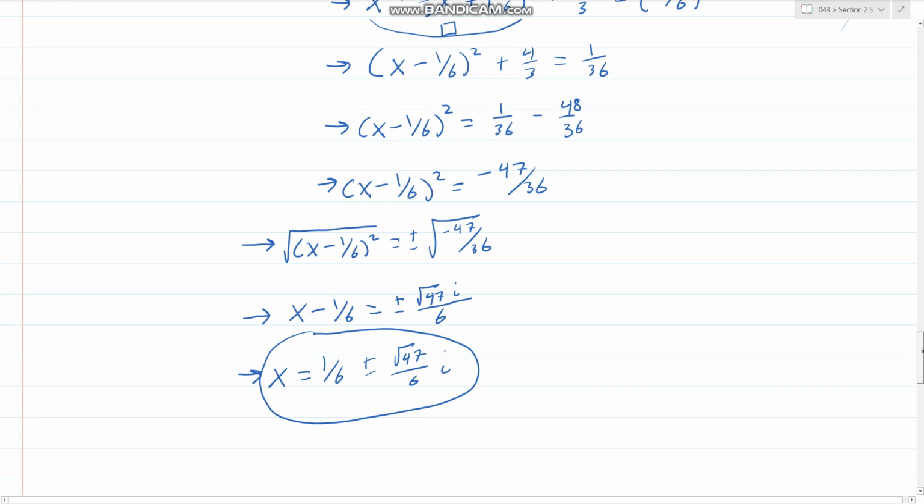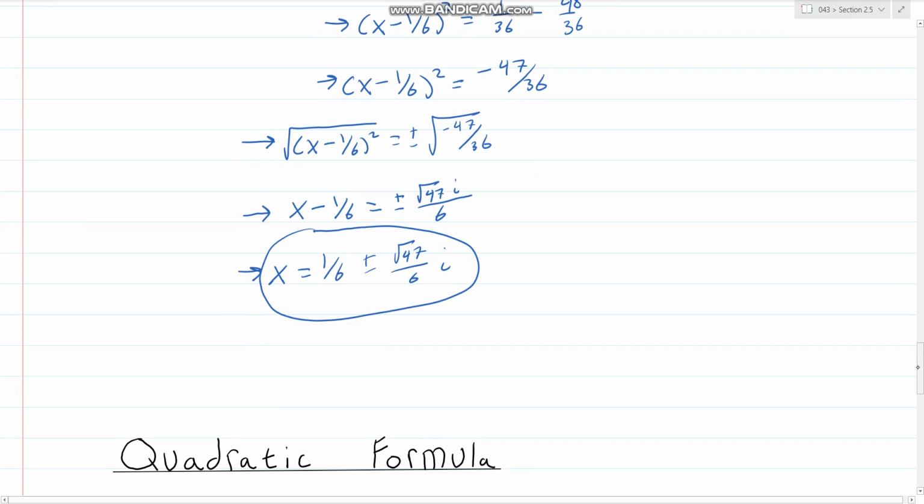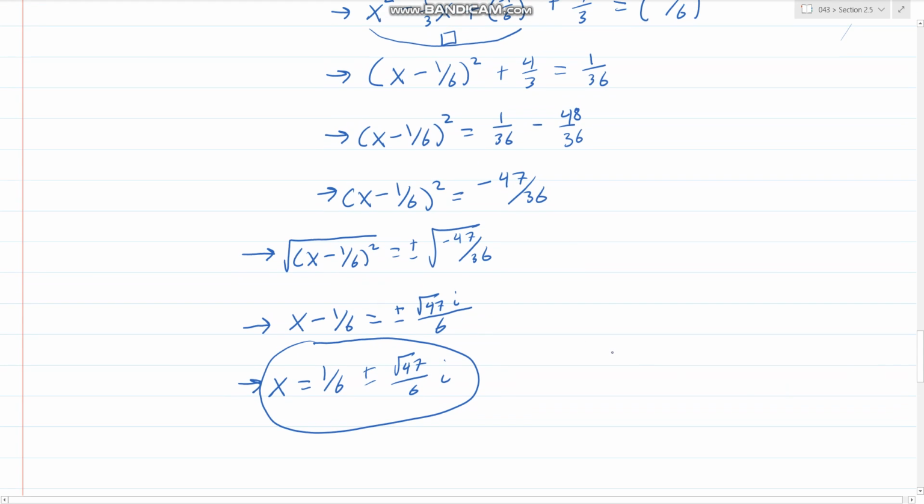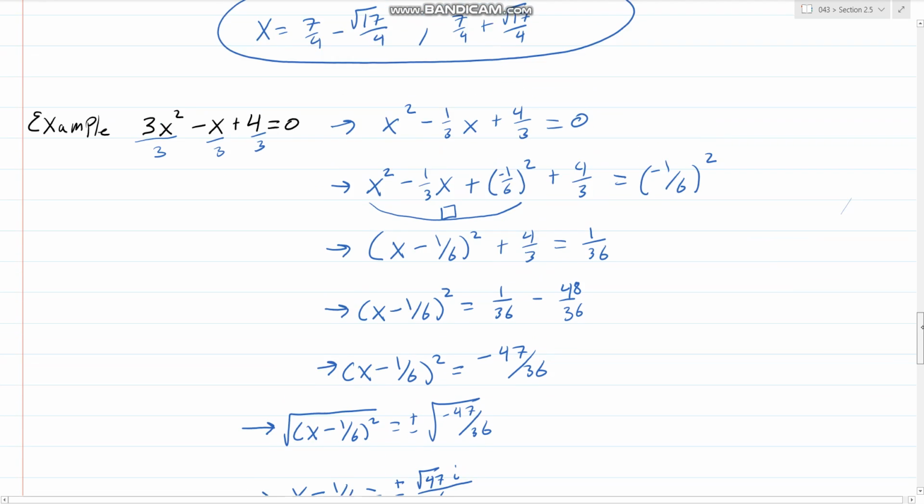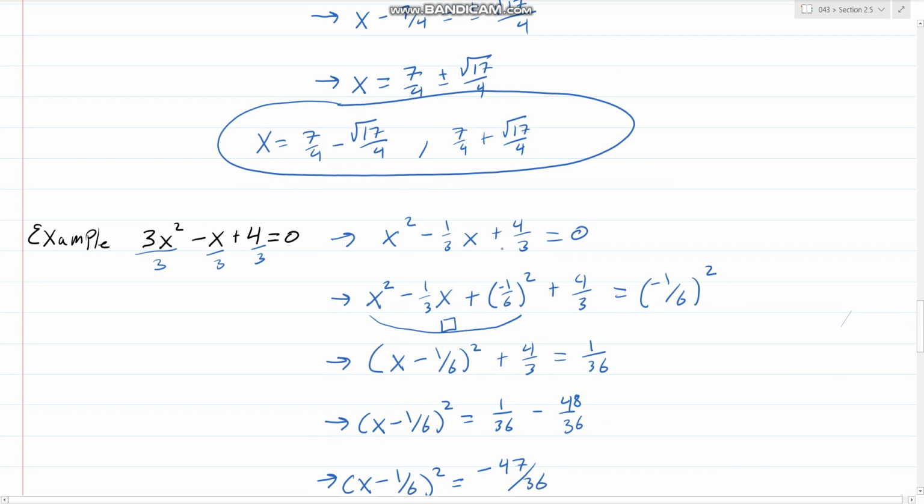Go slow. And again, completing the square is one of the most challenging things that students will have in learning algebra and how to factor trinomials, but it's such a powerful tool that it's well worth learning. So I hope that this helps.